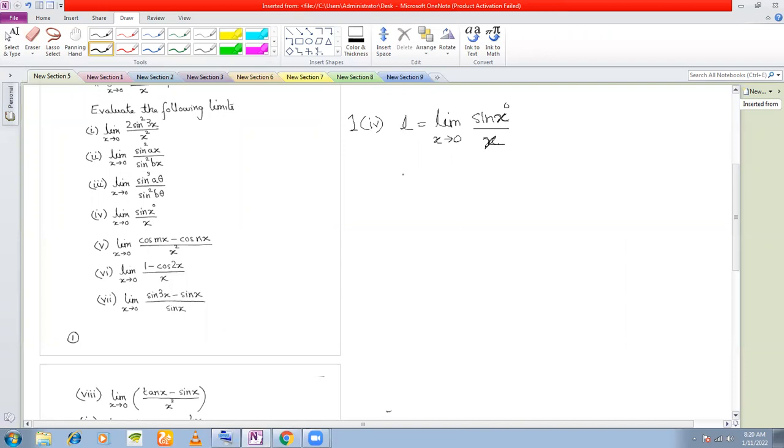Now how do we convert? We know that 180 degrees is equal to pi radians, right? That means 1 degree is equal to pi by 180 radians.